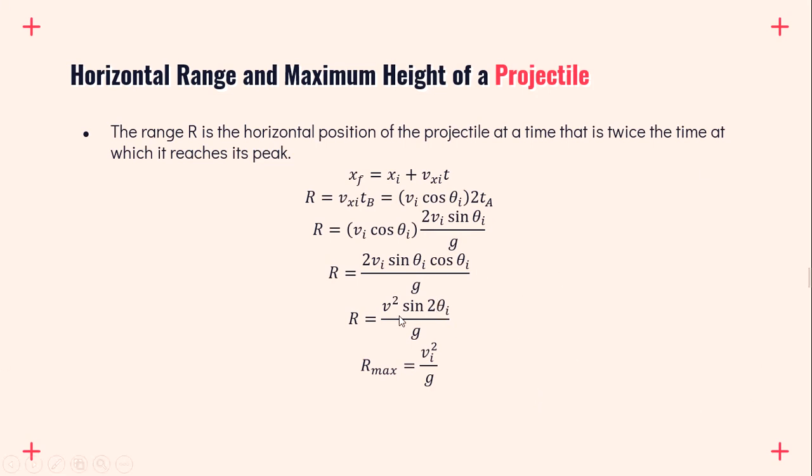Because the value of theta that gives sine 2 theta an answer of 1 is 90. So 90 divided by 2 is 45. So sine of 2 times 45 is equal to 1. Then vi squared over g remains. So R max is equal to vi squared over g.